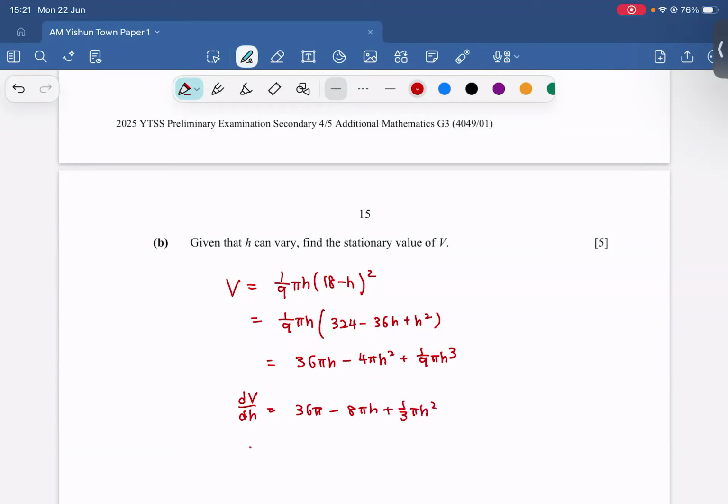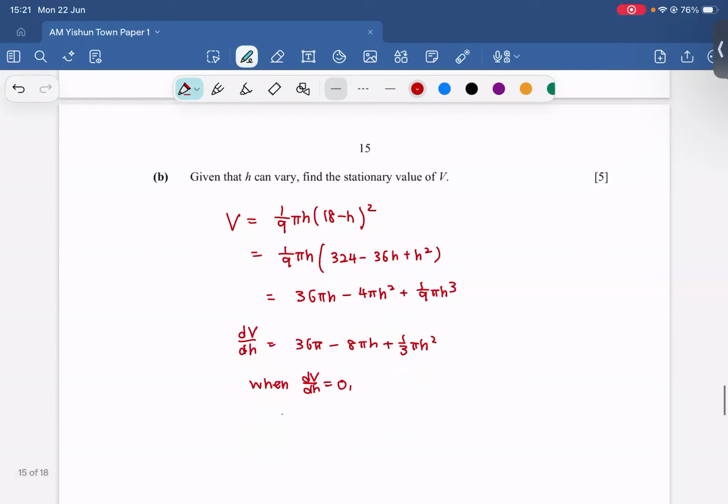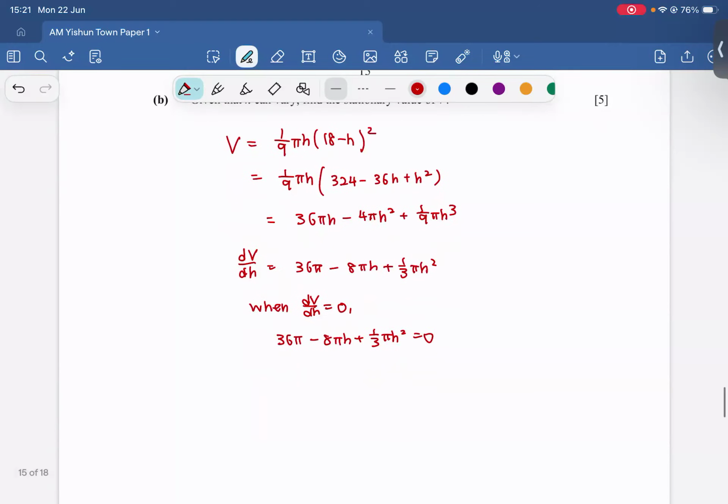Then now you find your dV/dh. So stationary value is when dV/dh equals 0. Times 3 to everything first, then divide by pi.